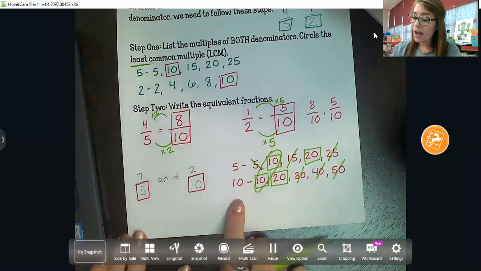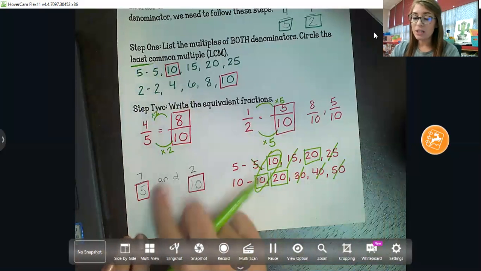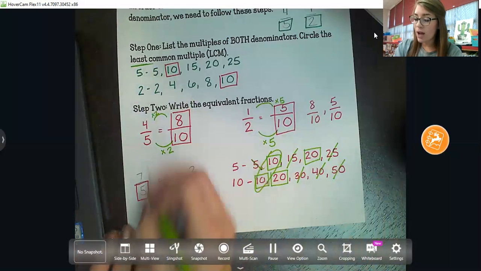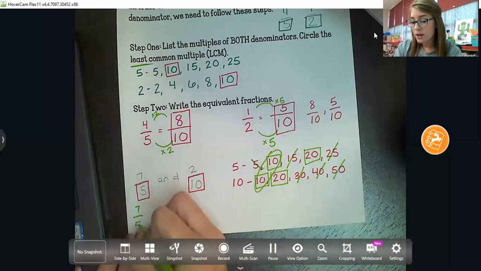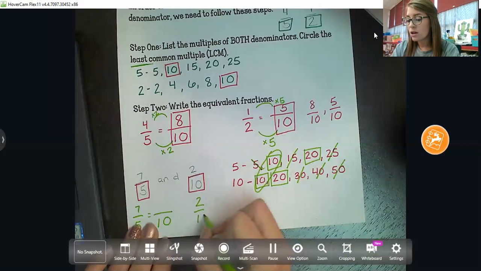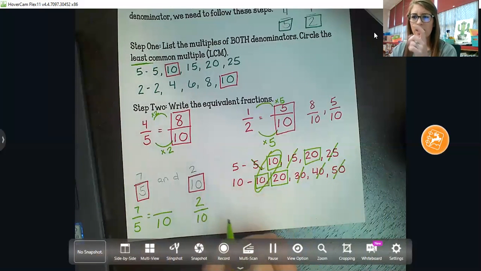Okay, so now we're going to rewrite these fractions with those denominators. We've got 7/5, and it's going to have to equal something over 10. And then we've got 2/10. Oh, wait a second. 2/10 already has a denominator of 10. So what does that mean?